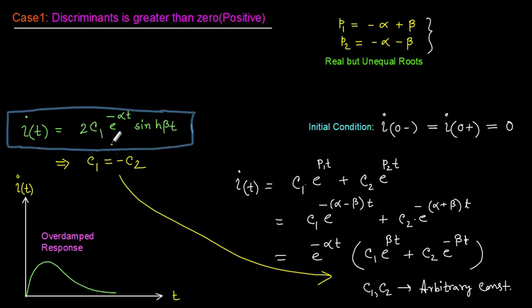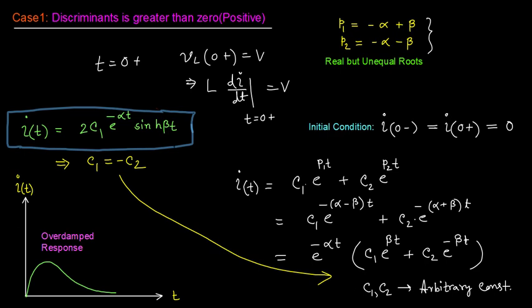Now, the value of C1 can also be obtained by using the relation at t equal to 0 plus, VL(0 plus) equal to supply voltage V, since the inductor behaves like an open circuit initially, where VL(0 plus) is given by L di/dt at t equal to 0 plus, this is our V. So, using this condition we can obtain the value of C1 also.